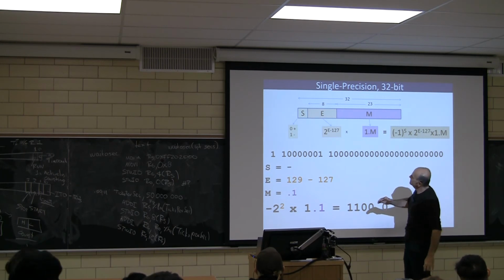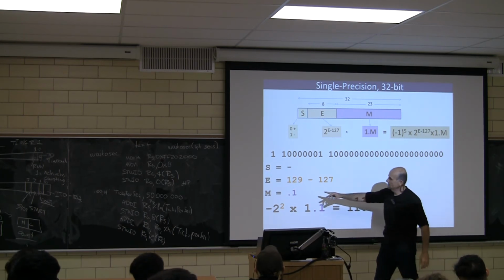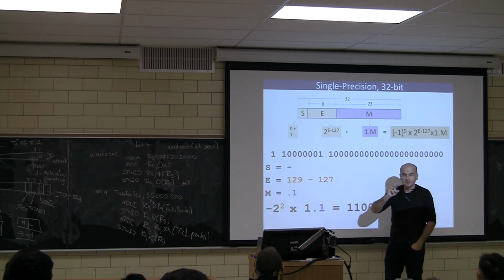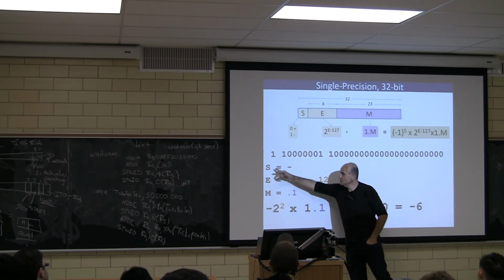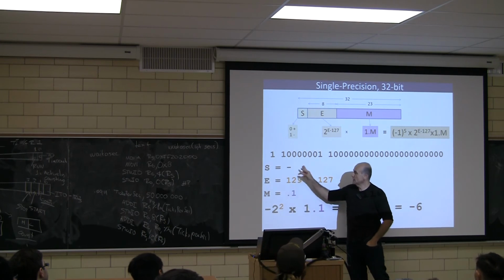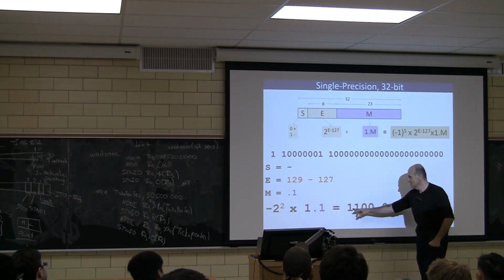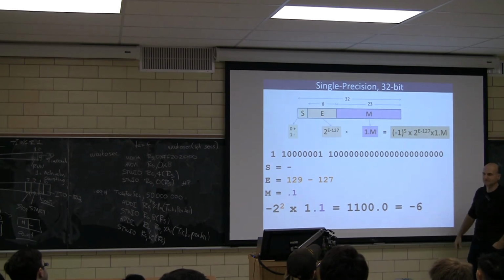So the mantissa is 0.1, but we have the implied 1. So the number is minus from the sign, 2 to the second from the exponent, 1, the implied 1, point 1. So this is the number. Minus 6.